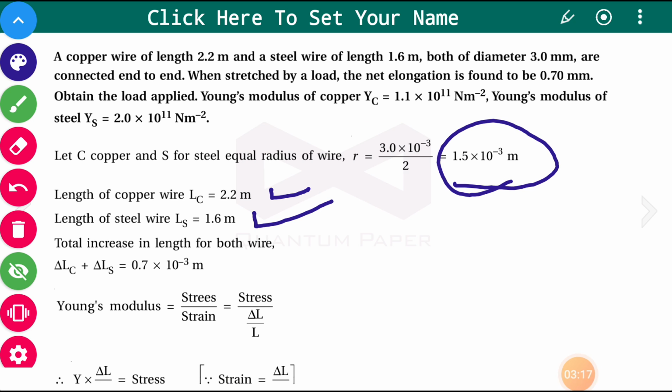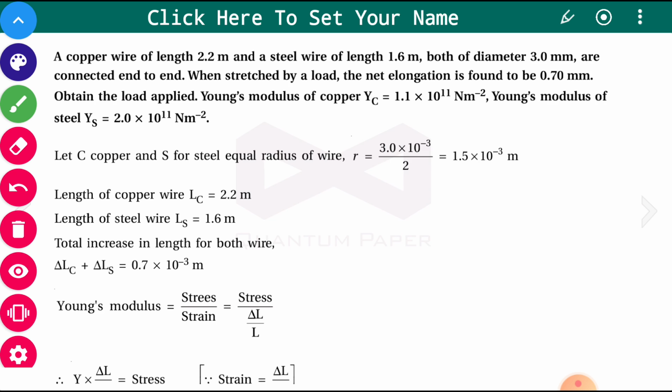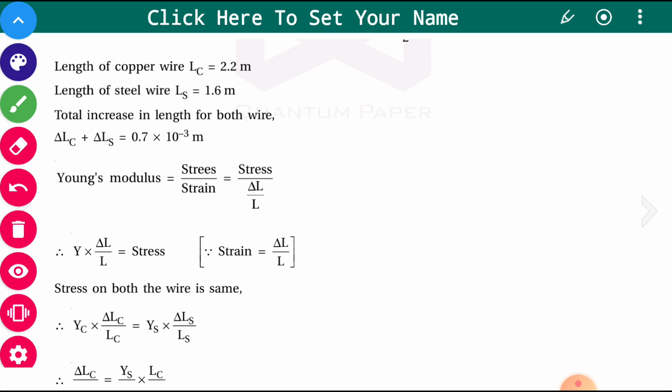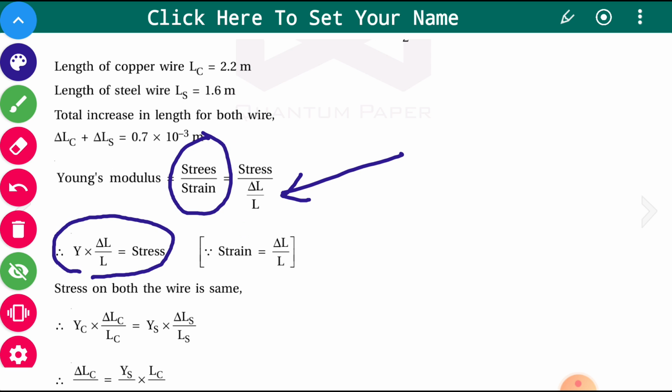Now, total increase in the length is delta LS plus delta LC, and that is 0.7 into 10 raised to minus 3 meter. Now, Young's modulus, as you know, is nothing but stress upon strain. Strain is delta L upon L. So you can write stress as Young's modulus multiplied by delta L upon L.